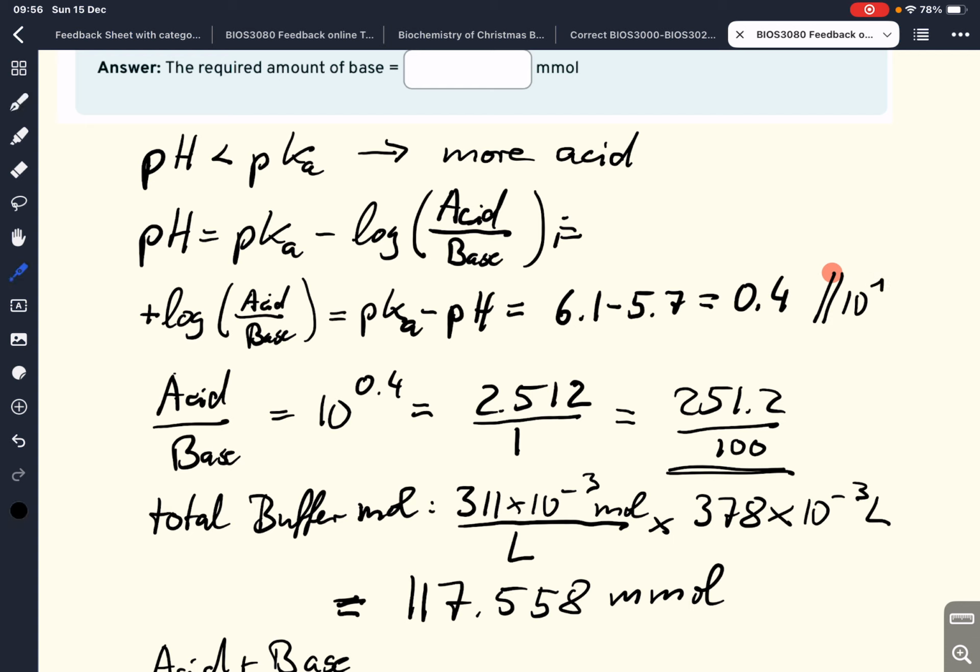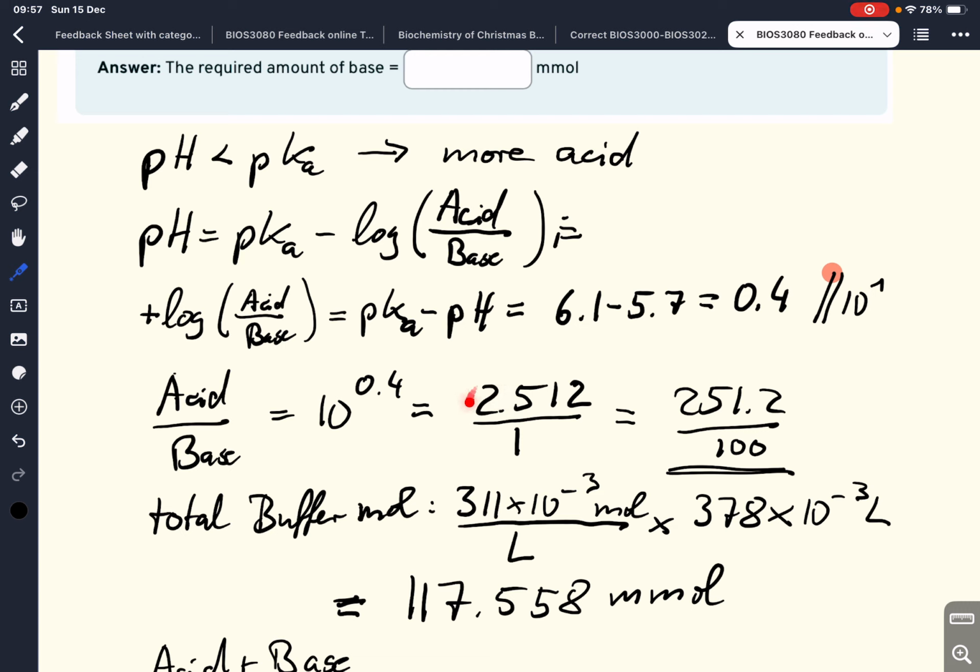So we get acid to base ratio equals 10 to the power of 0.4. And if we put that in a calculator, we get 2.512 over 1, or simply 2.51 over 1.